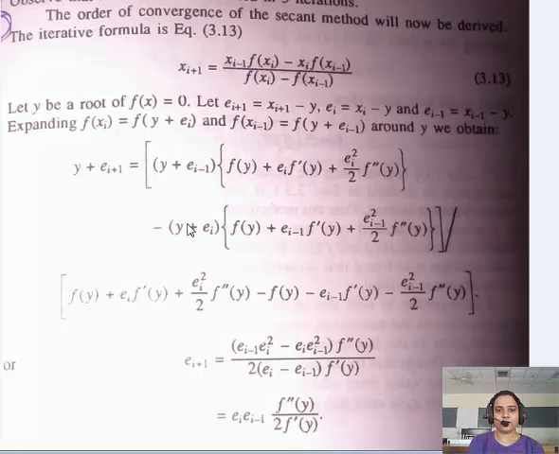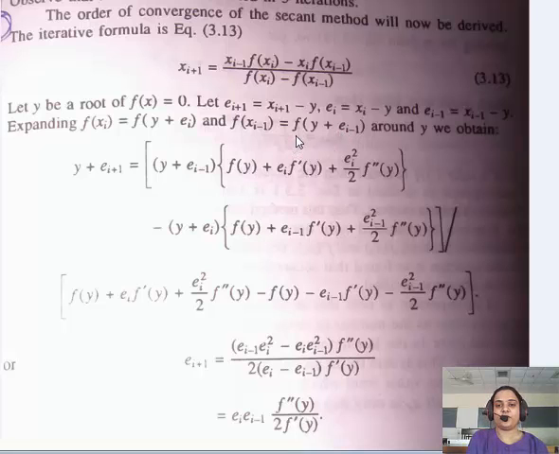Minus, here y + e_i is placed at the place of x_i, and f(x_{i-1}) again is replaced by f(y + e_{i-1}), and we have put this expression after expanding by Taylor's theorem.